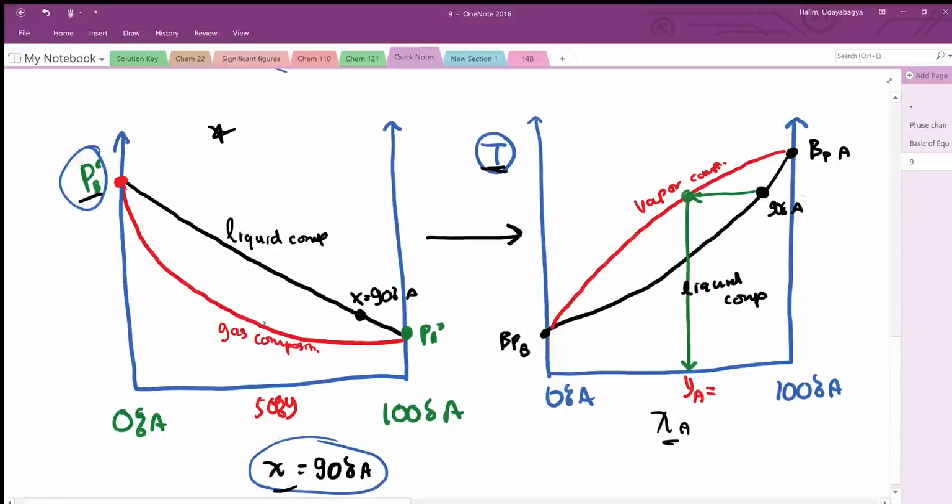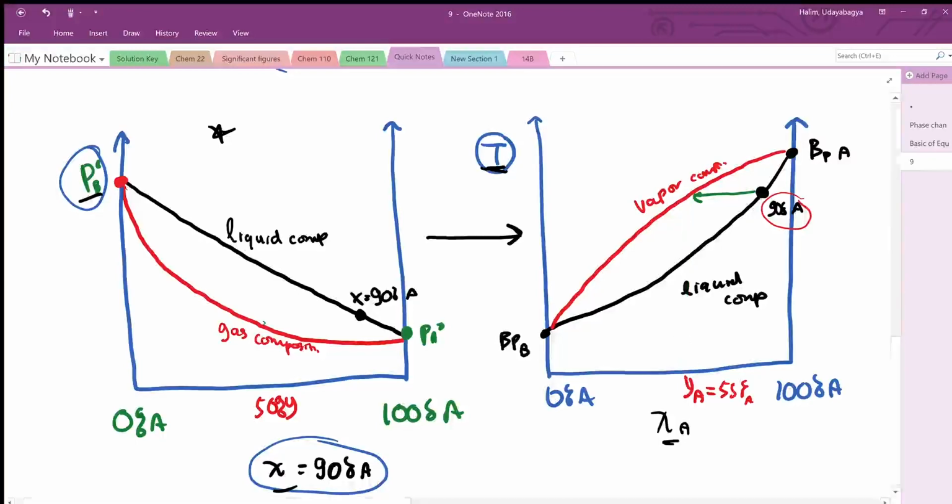Even though my solution contains 90% A, my vapor may only contain, in this case, about 55% A or something like that. Right, so they're just different. The vapor compositions and the liquid compositions are different.